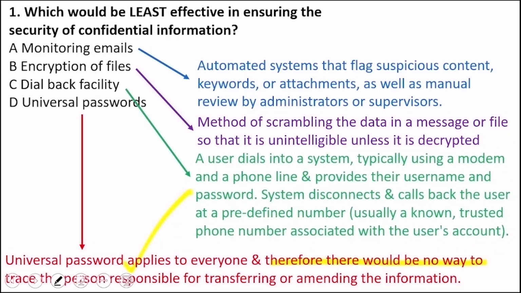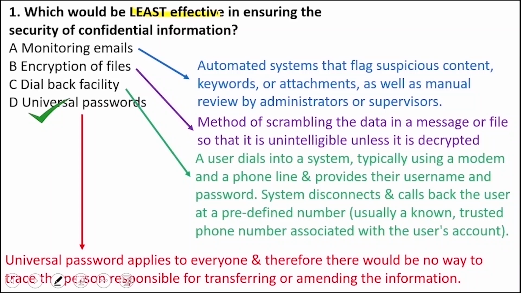So this is a big disadvantage. We cannot know the person who is responsible for amending the information. So this universal password is not effective. Since the question asks you the least effective one, the right answer is option D, universal passwords.